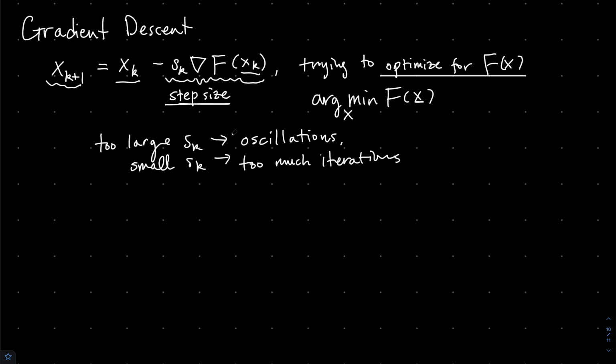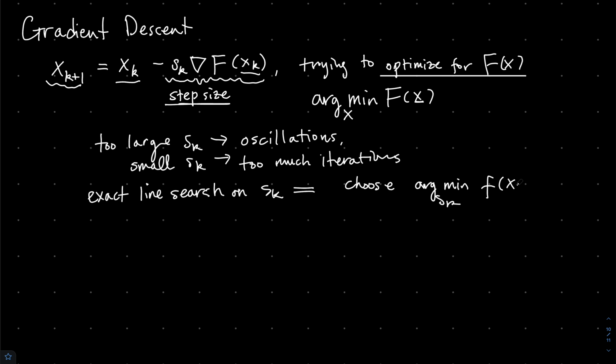Now, the best way to perhaps find an optimal sk would be an exact line search on sk. That would mean choosing the argmin over sk of f of xk plus 1 in the gradient f direction.